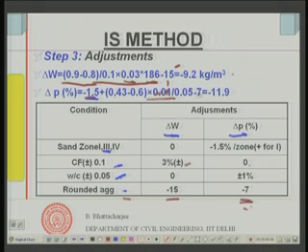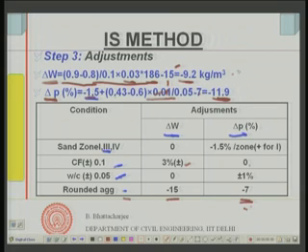So, 7 and 4.9 makes it 11.9, and here 15, and this one which we have added, because with the higher compaction factor you need more water. So, this gives us a net 9.2 kg per meter cube. So, the adjustment in water content, delta W, is minus 9.2 kg per meter cube, and the adjustment in the volumetric percentage of the fines is 11.9.